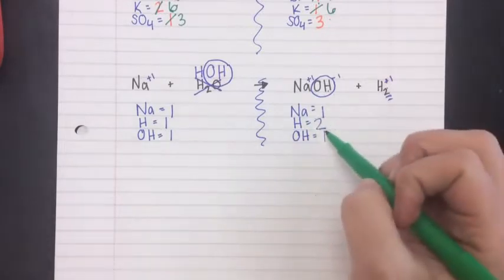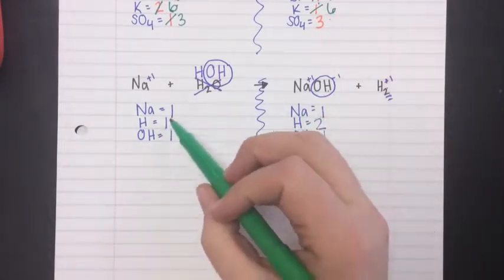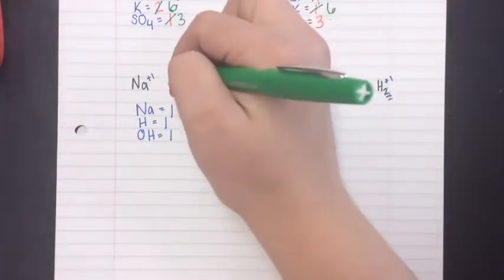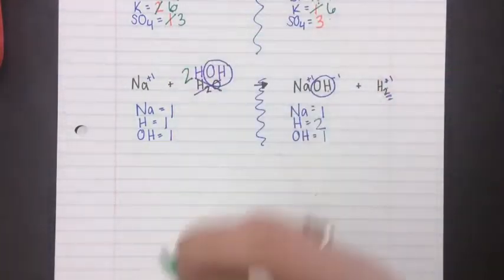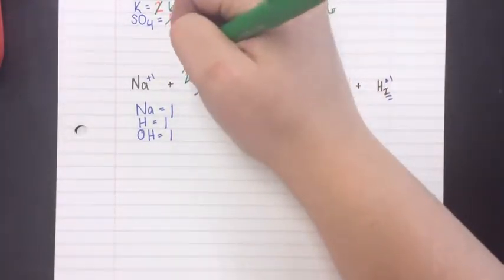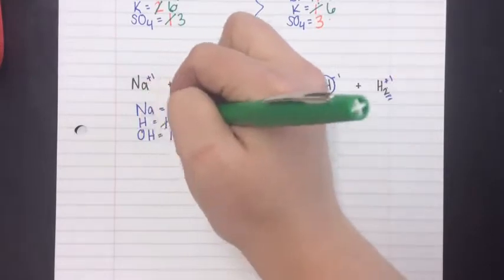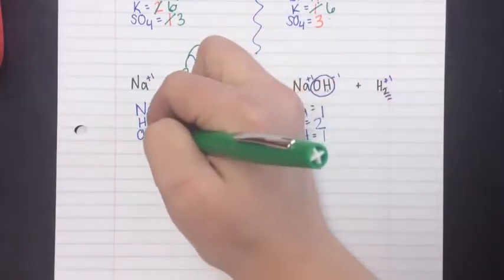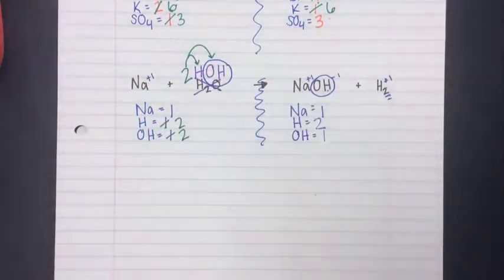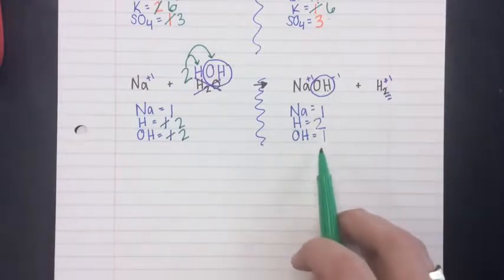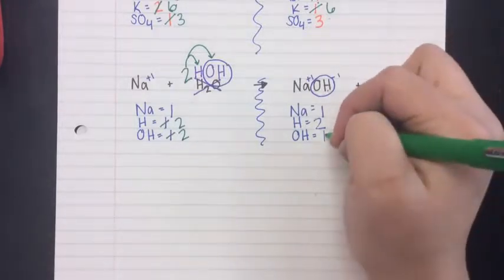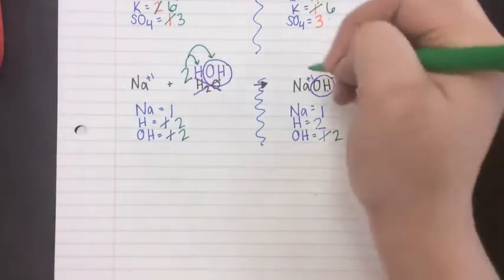Therefore, I add a 2 coefficient in front of my water. This changes both my hydrogen and my hydroxide count on my reactants to 2. Now my hydrogens are balanced, but my hydroxides are not. I must add a coefficient 2 in front of sodium hydroxide on the products.